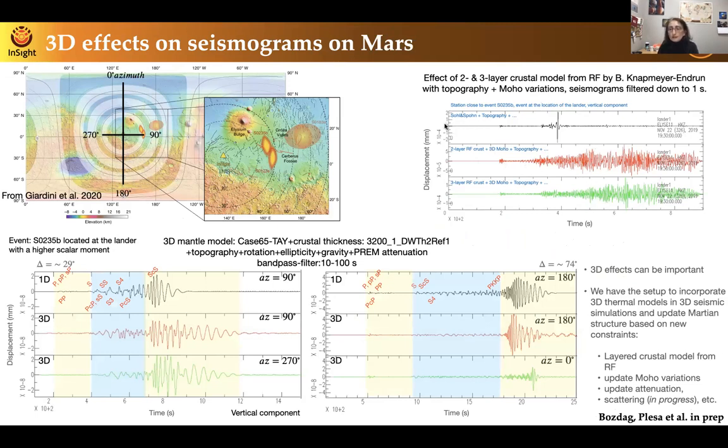The first seismogram is from an old radially symmetric Mars model, which generates such a response. But as soon as we add a two-layer crust from the receiver function analysis, together with 3D Moho variations and topography, you see how the seismograms become much more complicated, or get closer to what we observe.